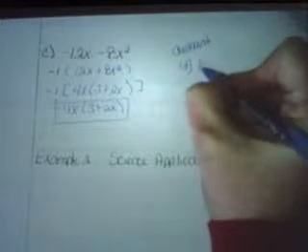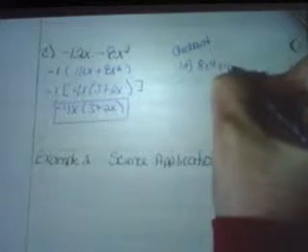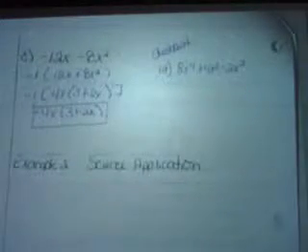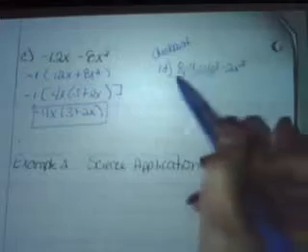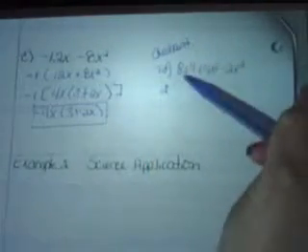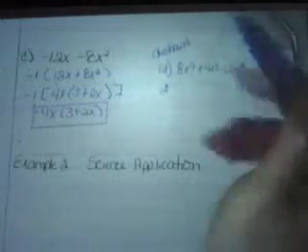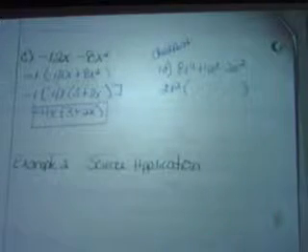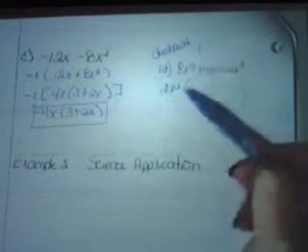I have 8x to the 4th plus 4x cubed minus 2x squared. I'm looking, can I factor any numbers out? Yes, I can factor out a 2. Can I factor any letters out? Yes, I can factor out at least an x squared. Then everything else is going to go inside parentheses.